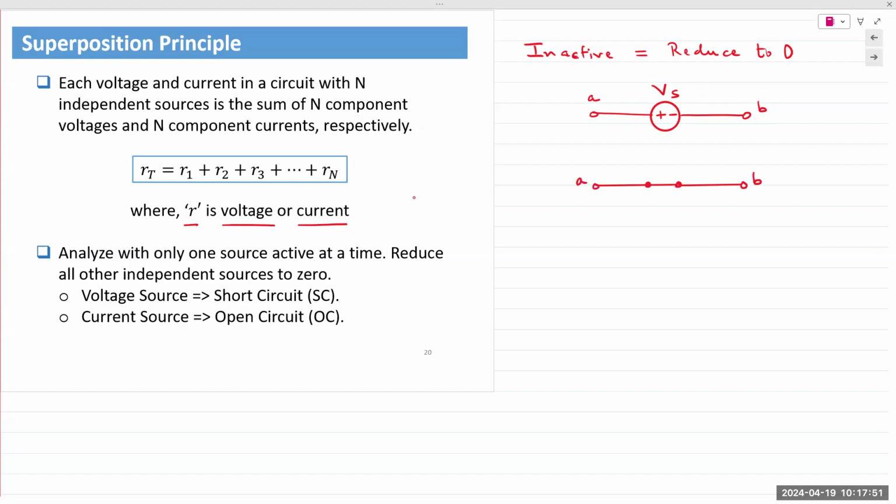This is A, this is B. Short circuit means a wire. Wire has 0 ohm resistance. And therefore, I can say Vs now has a value of 0 volts.